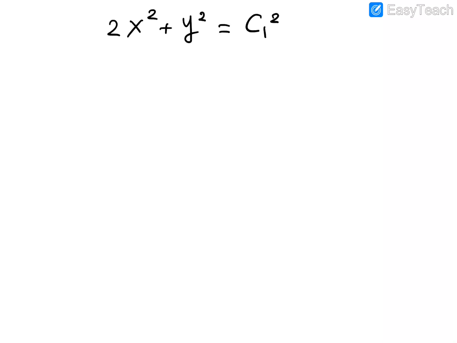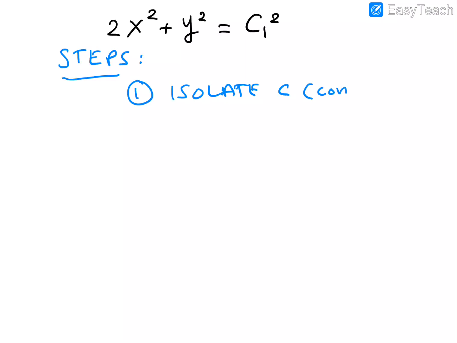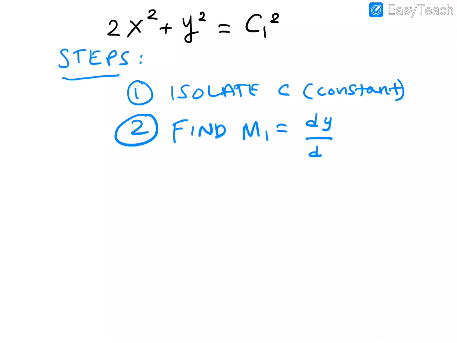So we're going to be following a few steps here. I'll go ahead and make a list of steps that we want to follow to solve this equation. So first we're going to isolate our C constant. Secondly, we want to find our m1, which again, that was equal to dy dx.